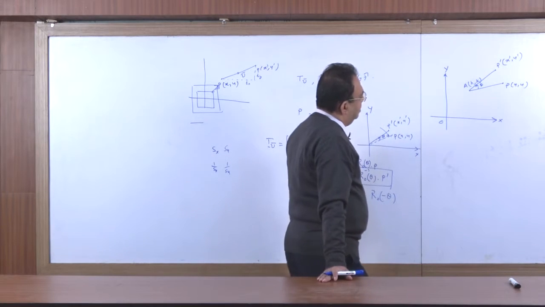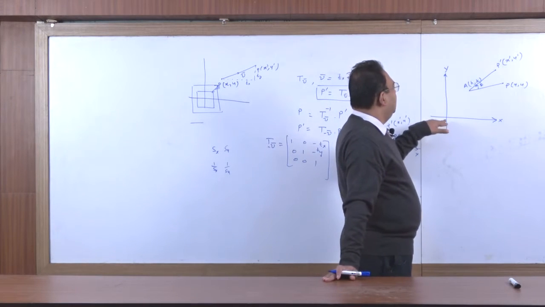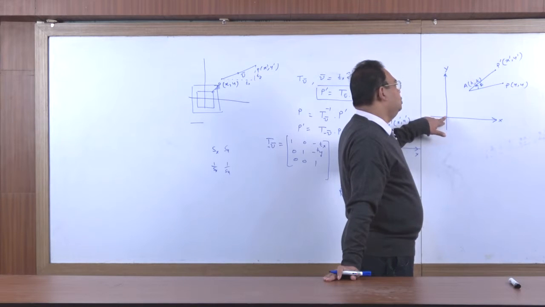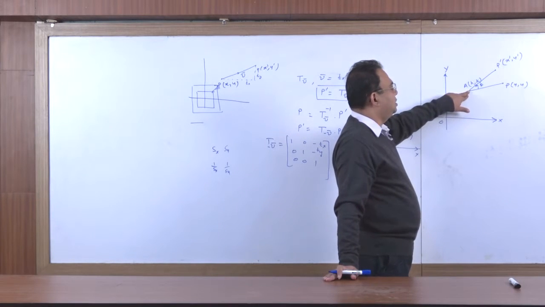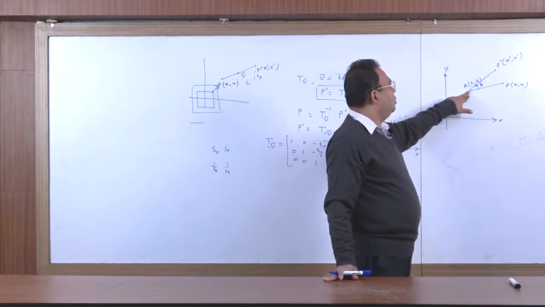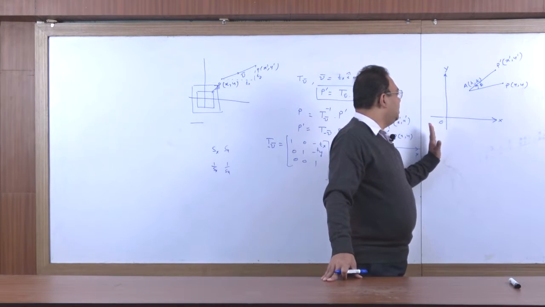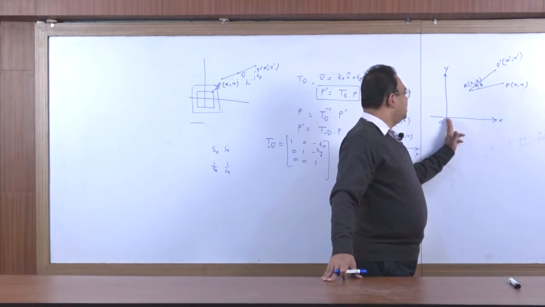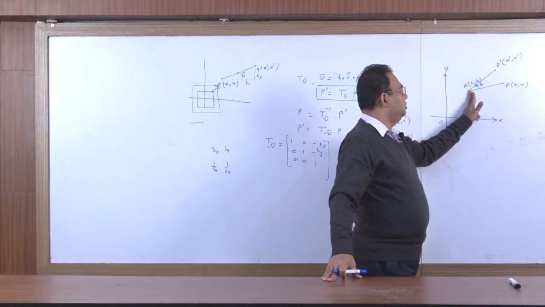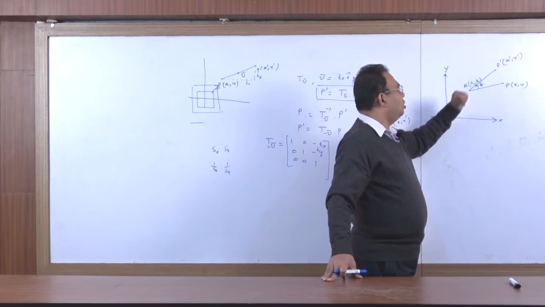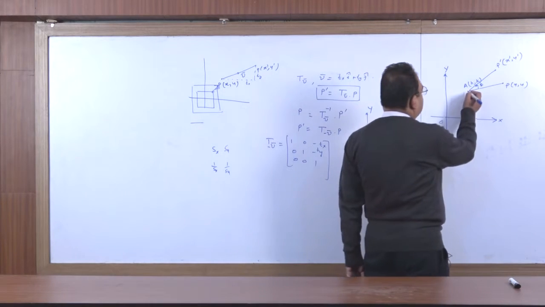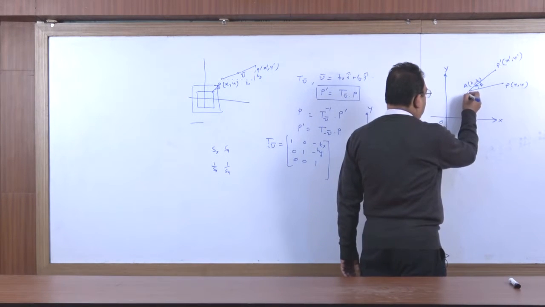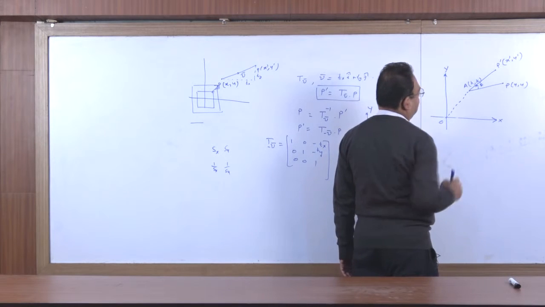How? We know so far the rotation with respect to the origin, but we do not know the rotation with respect to any arbitrary point. So, what we can do is translate the coordinate to this point and describe the rotations, or we can translate A to the origin.